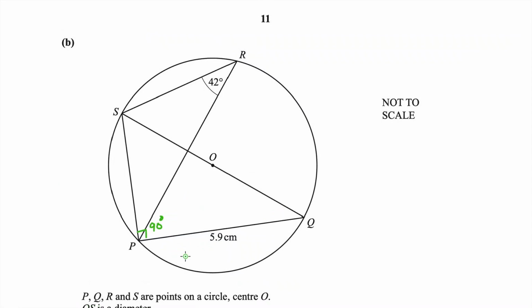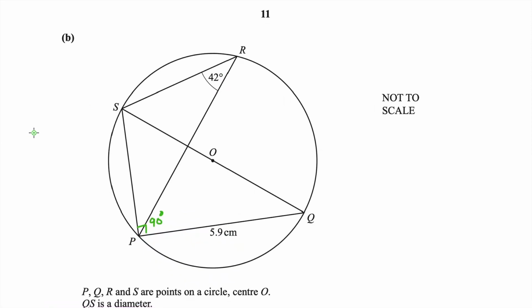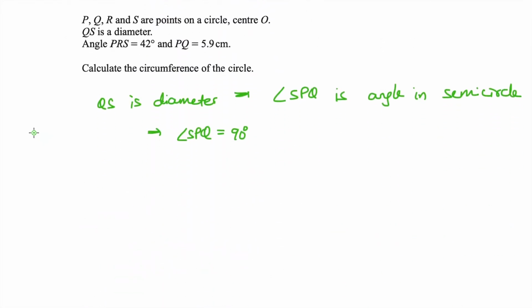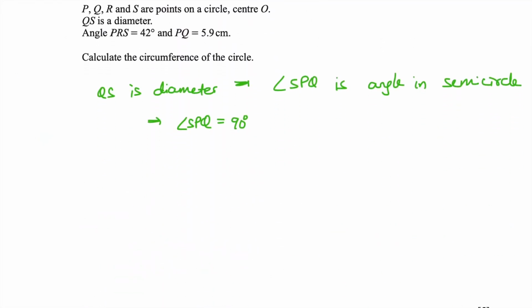and it is given that angle PRS is 42. So next we can say that angle PRS and angle PQS are angles in the same segment.